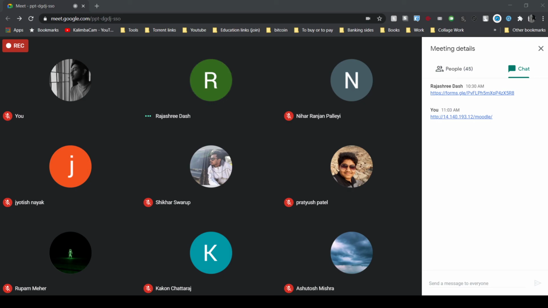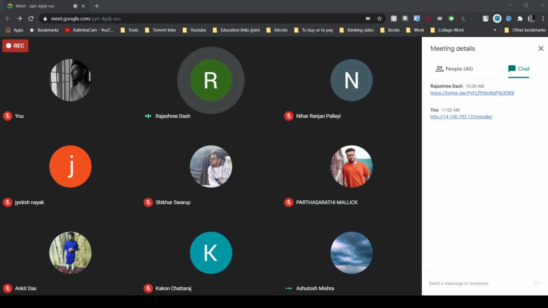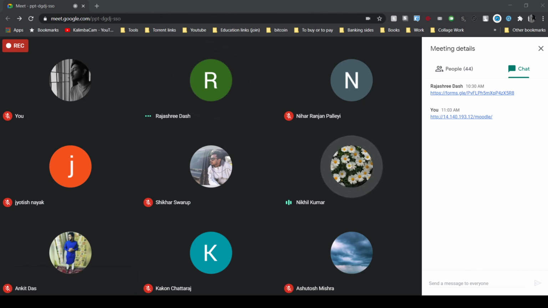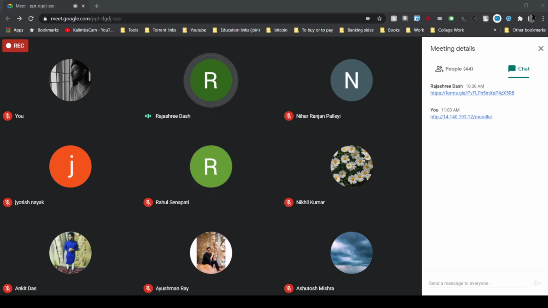Abhijit, Ankit Das, present, ma'am. Simon Pradhan, Partha Sarathi Malik, present, ma'am. Tanya Jha, Asutosh Mishra, yes, ma'am. Nikhil Kumar, present, ma'am. Rahul Senapati, yes, ma'am. Ayushman Ray, present, ma'am. Chandrakant Gupta, present, ma'am. Atish Raj, yes, ma'am.